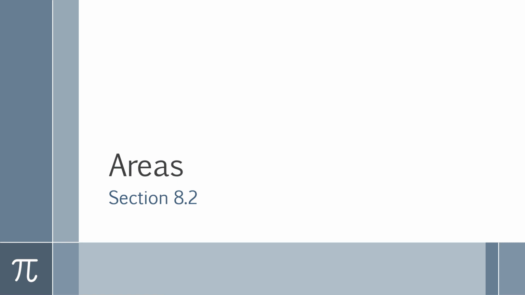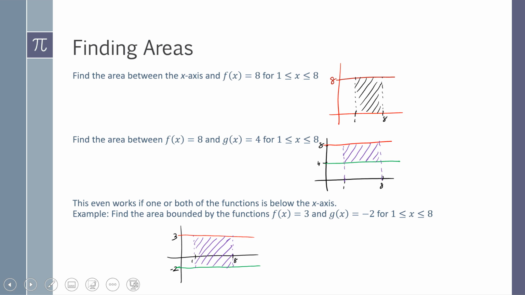To put a grounding into what we're doing here, let's revisit how we started learning about integrals, which is through area. If I wanted to find the area between the x-axis and the function 8, from 1 to 8, I graphed it, and that gives me a rectangle, and I know how to find the area of a rectangle.